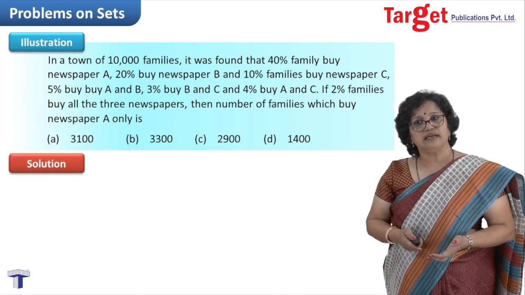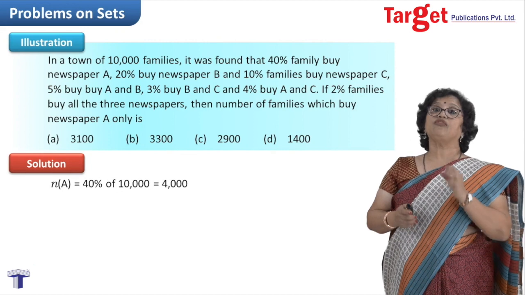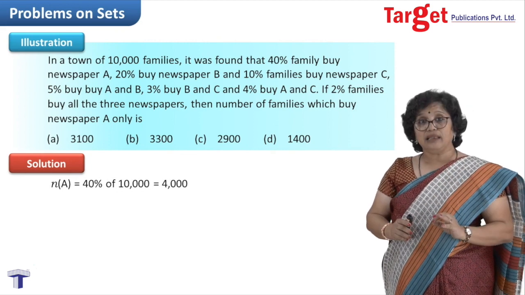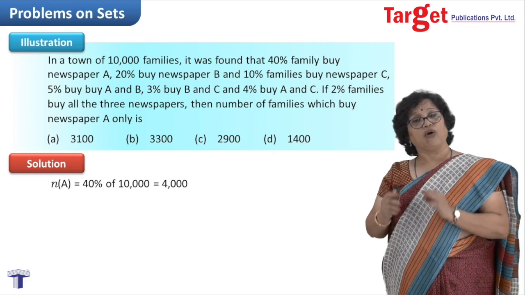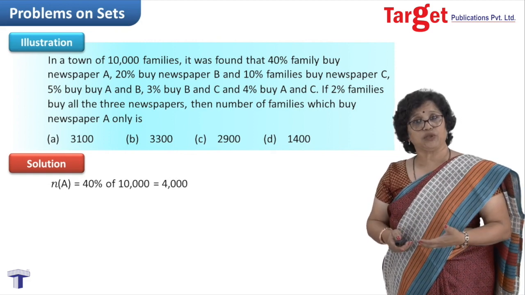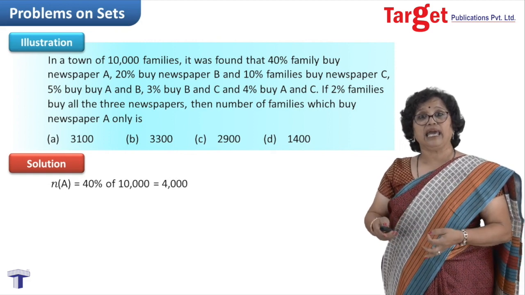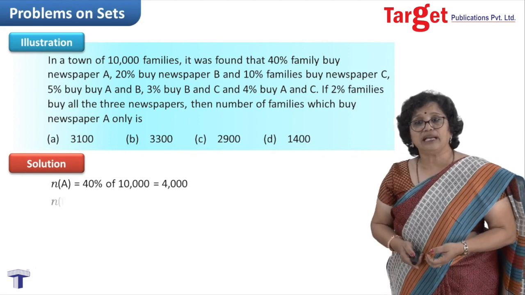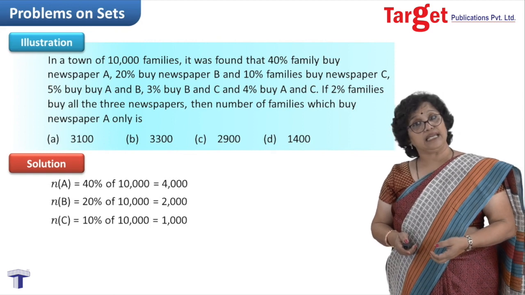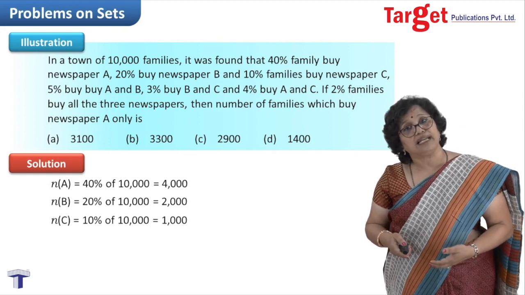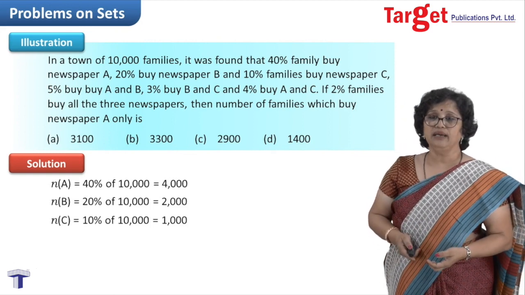I write the total number of people reading newspaper A. That is given to be 40% of 10,000, so it is 4,000. So my notation is N A equal to 4,000. Similarly, N B is 2,000. N C would be 1,000, as it is given as 10% of 10,000.